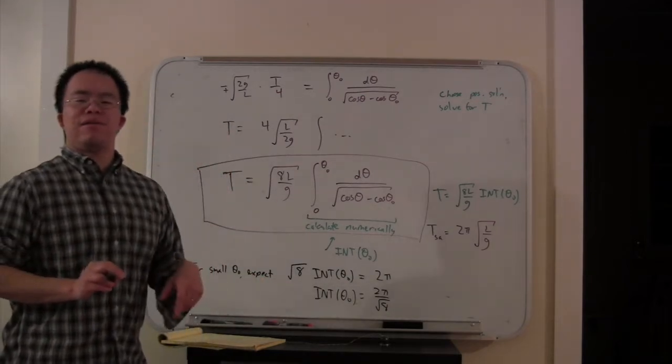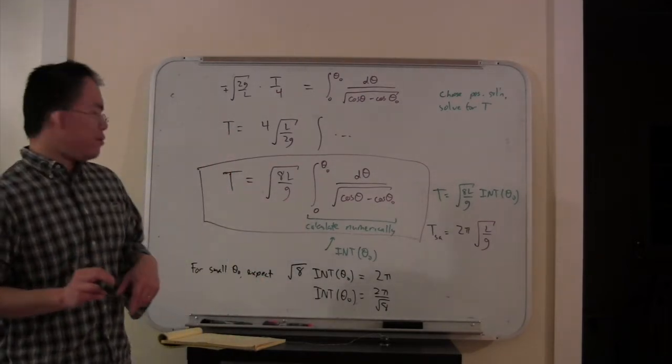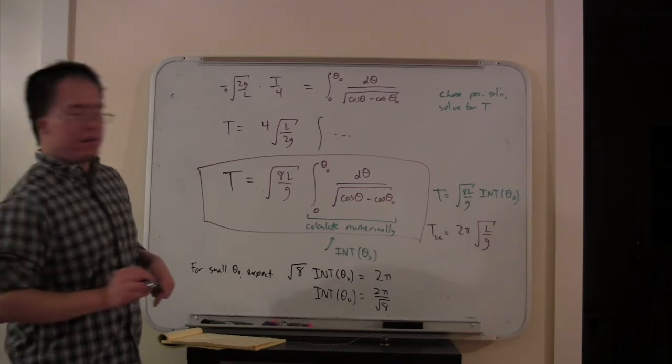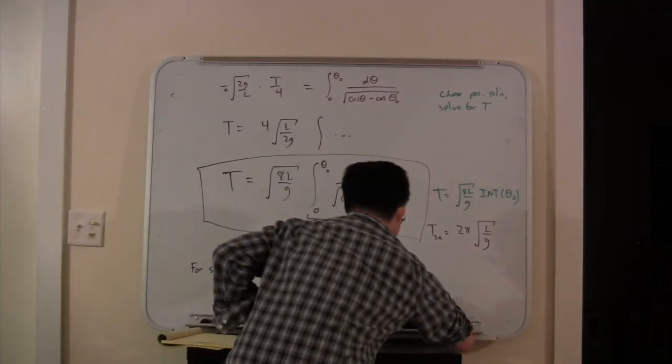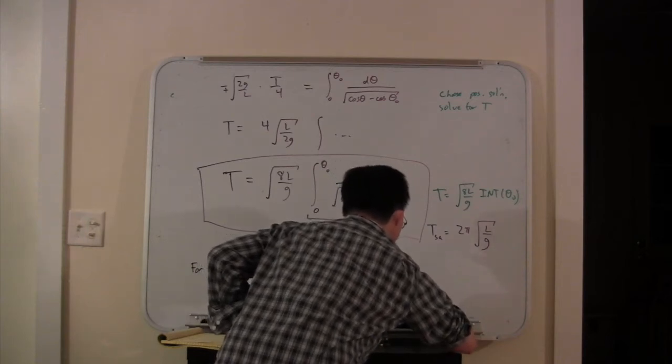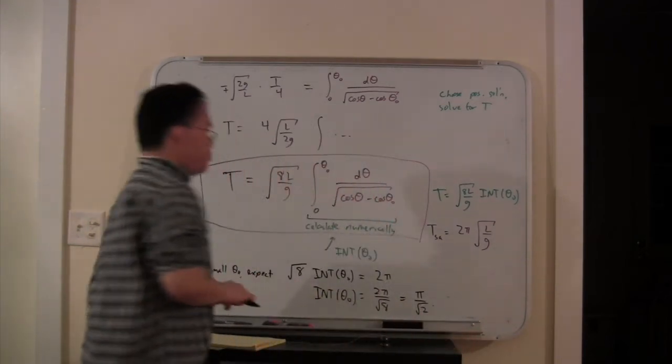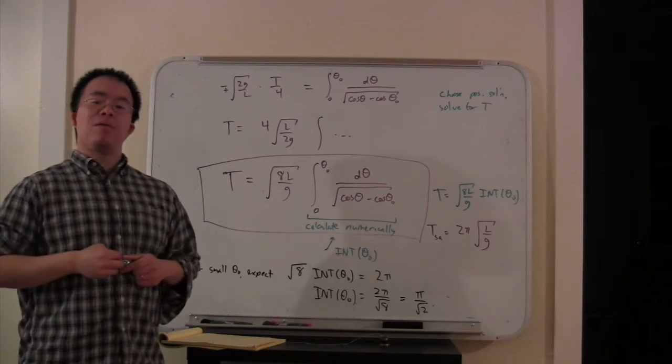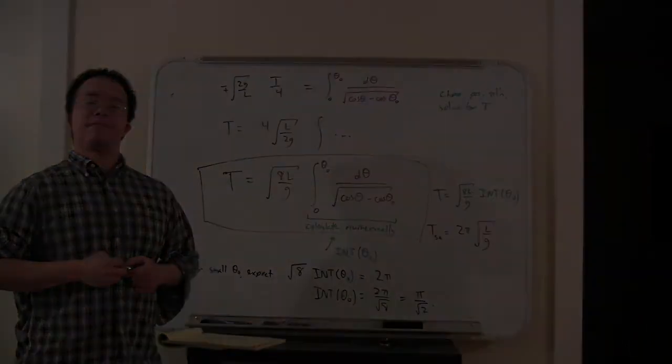But the square root of 8 is 2 square root of 2, because 8 is 2 times 4, so that simplifies to pi over root 2. So we'll be able to go and check that.